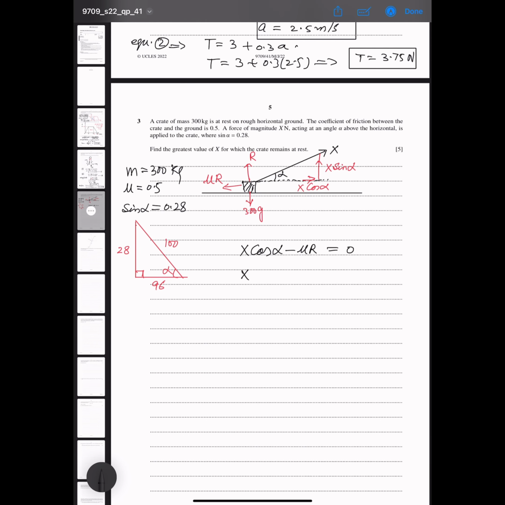From this triangle, cos alpha is base over hypotenuse, 96/100, minus mu, which is given, that is 0.5. Now R we have to find.